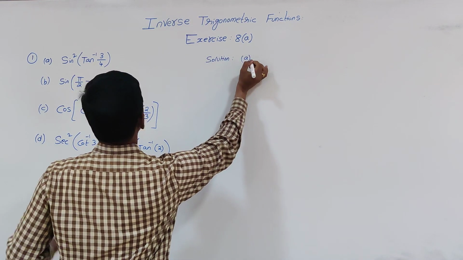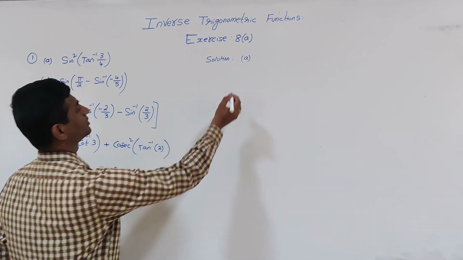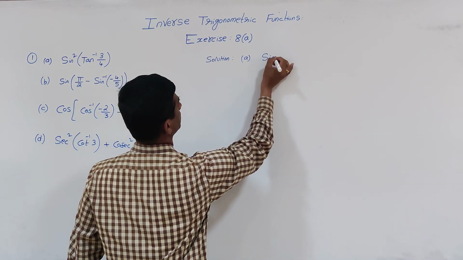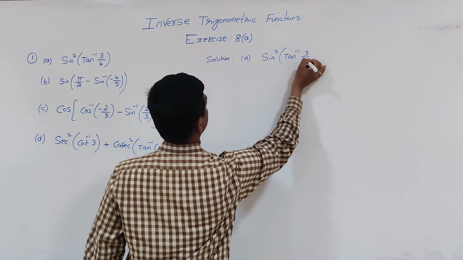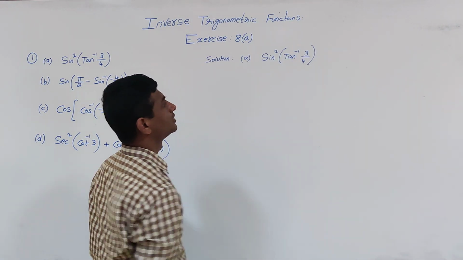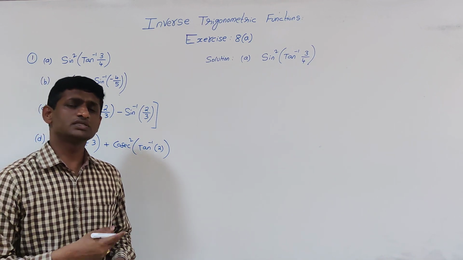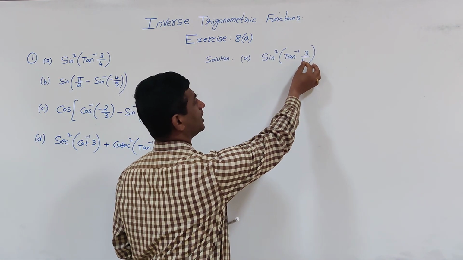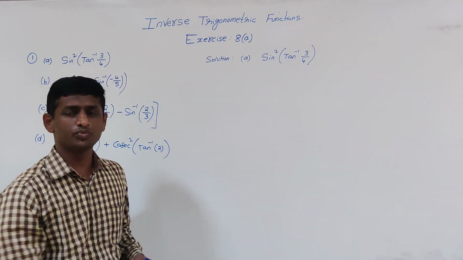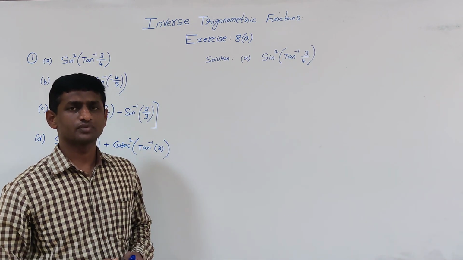First one, A. Sine square of tan inverse of 3 by 4. So tan inverse of x is a composition function. 3 by 4 is an input, tan inverse of 3 by 4 is the output, and that gives the angle.